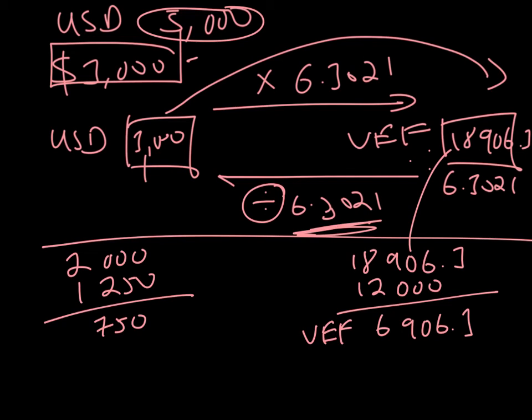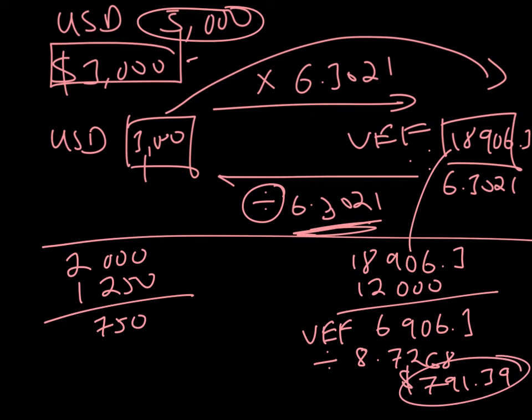So if we take this figure here and divide it by 8.7268, once he's converted these into dollars, that would give you $791.39. So this is the value he's got from converting his Venezuelan bolivars, and this is what he's got left in dollars.